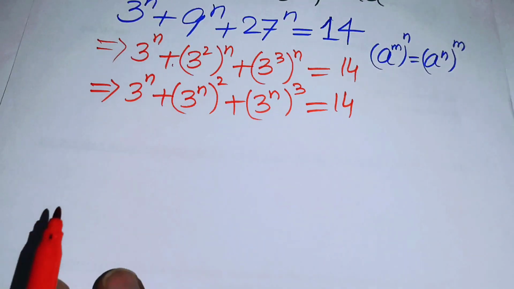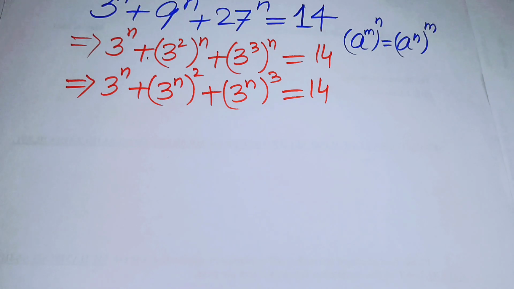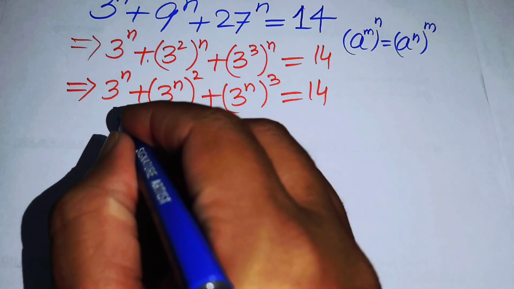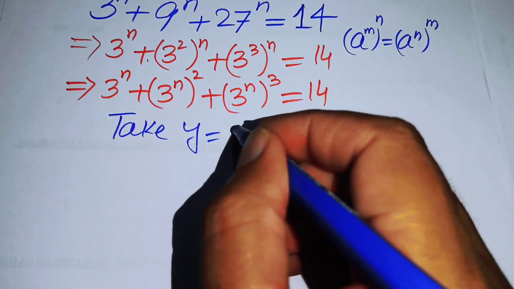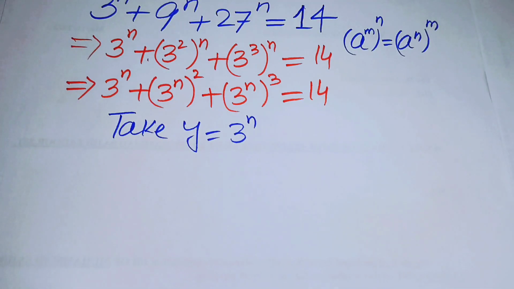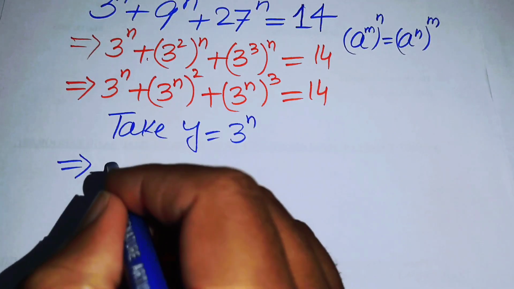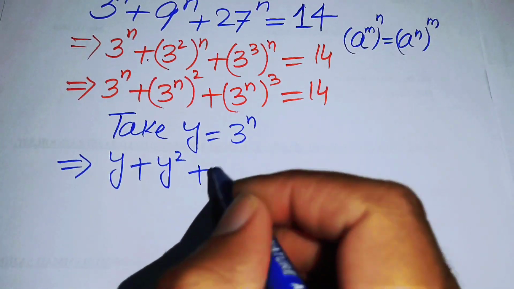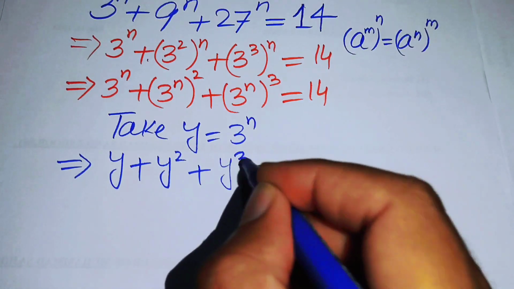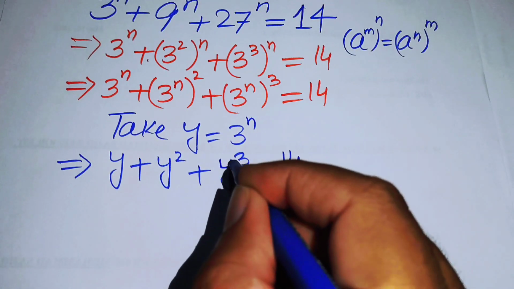After this step we need to convert this exponential equation into the cubic form, so we will just take y is equal to 3 to the power of n. So when we take y is equal to 3 to the power of n, then this equation becomes y plus y squared plus y cubed, and this whole equation is equal to 14.